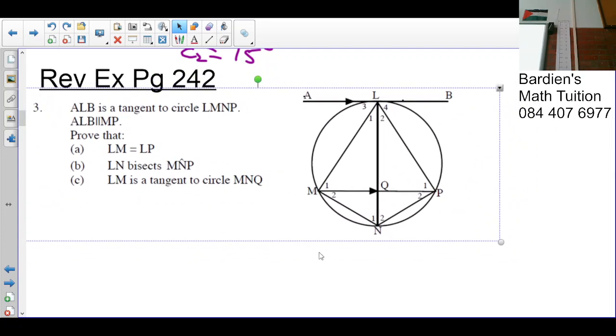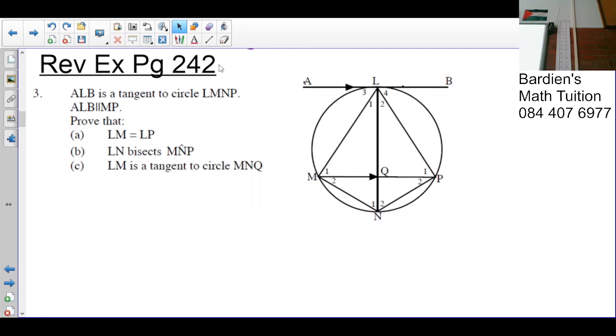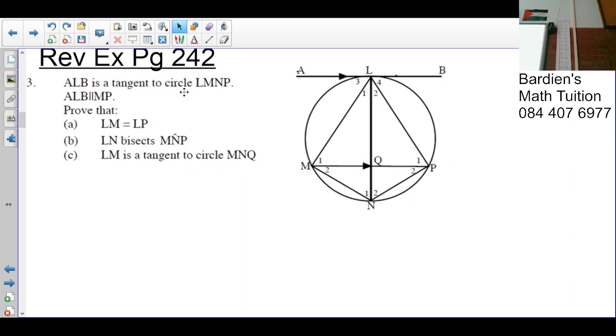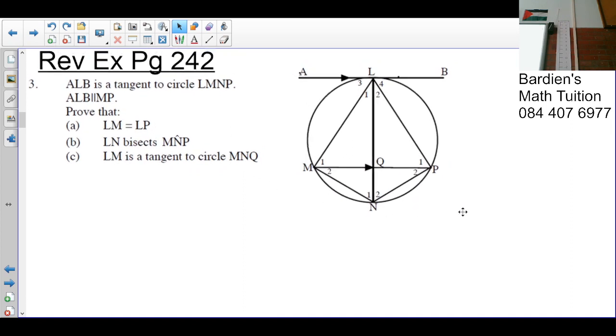Number 3. ALB is a tangent to the circle LMNP. If ALB is a tangent, what do we know? We know that L3 is equal to P1.